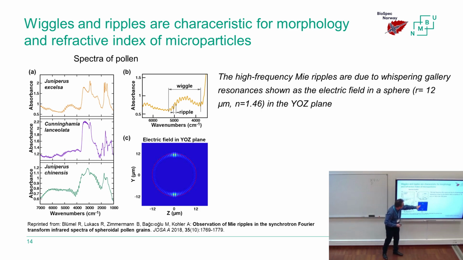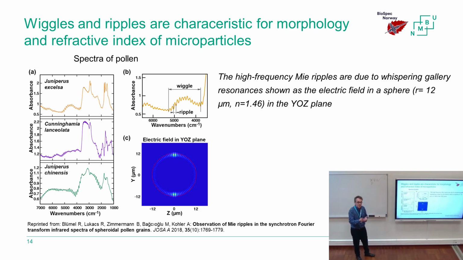So that's a mode like this one here, where you get a standing wave in the cell. And that's nicely shown here for different pollen spectra. How well you can actually see this ripple kind of structure, and you have very many of them. You can have them in two, like one here and then one on the inside. They can also differ depending on the number of nodes you get.